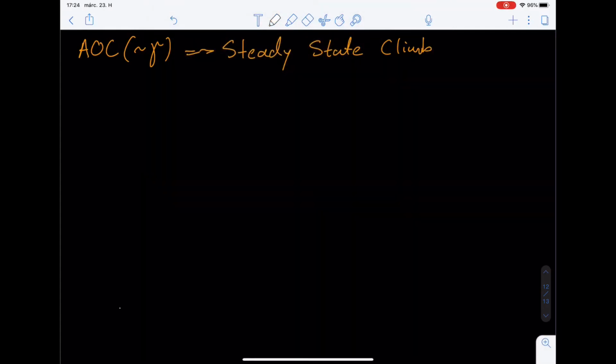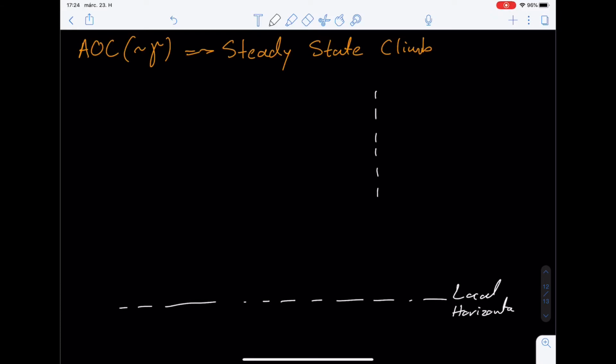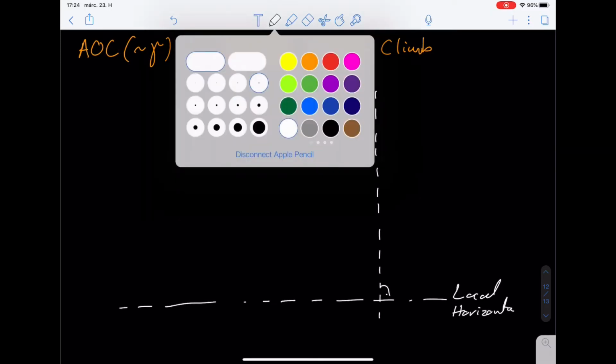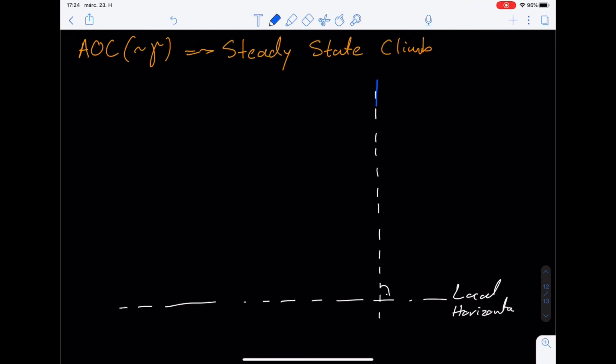We had the local horizontal, we had the local vertical, which was by definition perpendicular to the local horizontal, along which the gravitational acceleration acts.